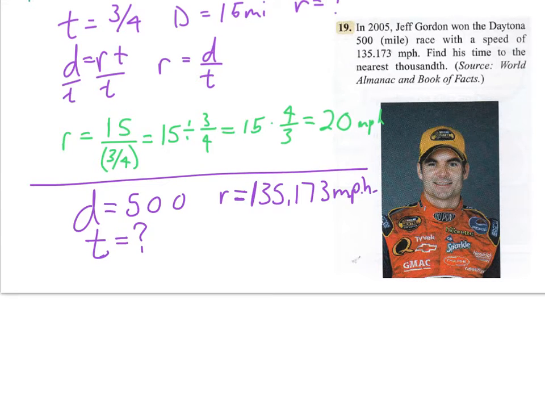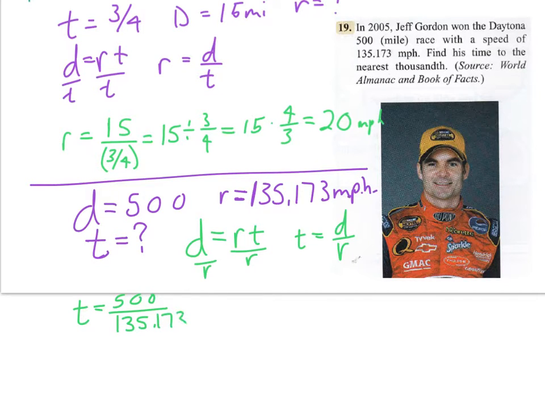So again, we've got our distance, rate, and time formula. Distance equals rate times time. If we solve it for time, we're dividing by the rate. We find out time equals distance divided by rate. So we have those values. So the time would equal 500 divided by 135.173, and that would give us our answer.